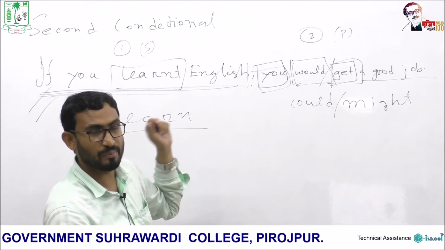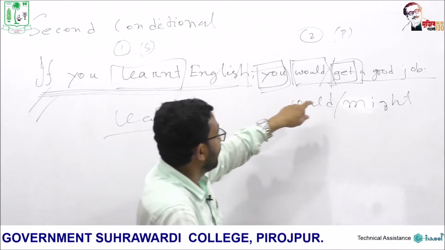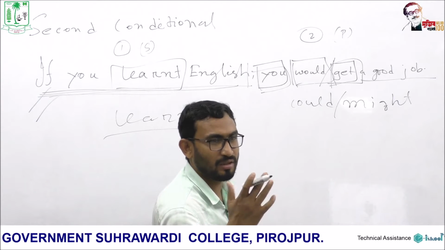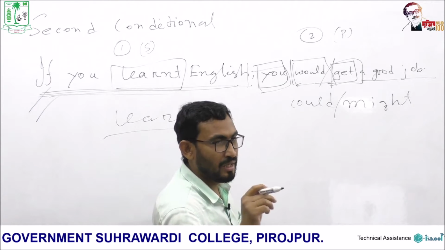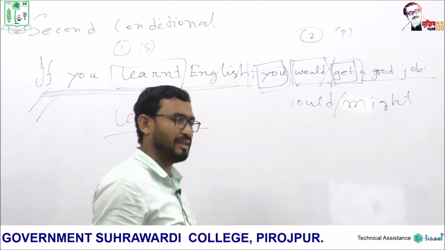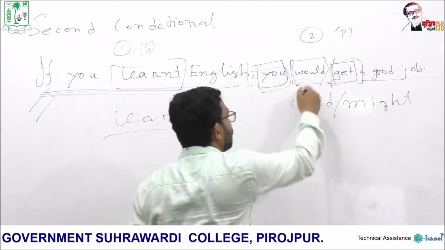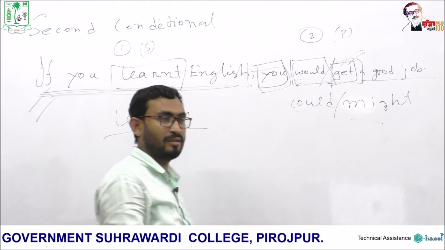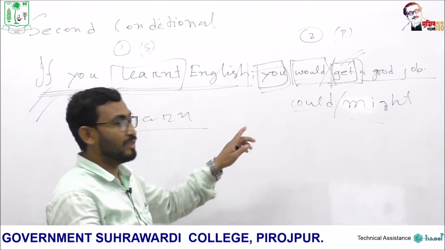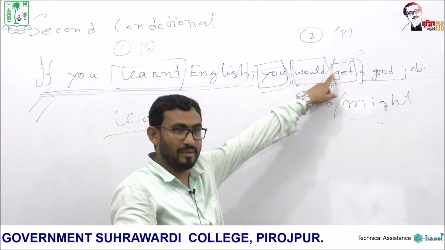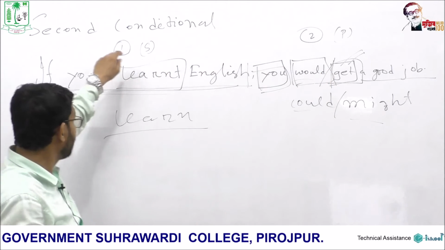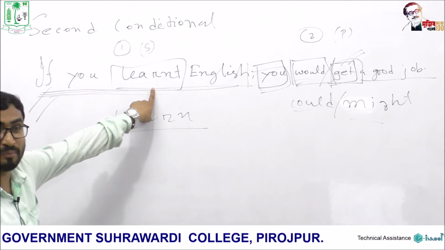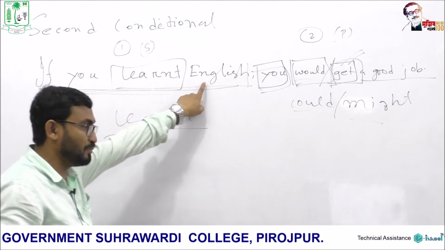In the principal clause of second conditional sentences, then you have to use the object if there is any object. If there is no object, you need not use the object. A very important point is that after would, could or might, you have to write the base form of the verb, get, bear in mind, not the past form of the verb. Now look at the relationship. Here in the if clause, we have written subject, then past form of the verb, then the object.